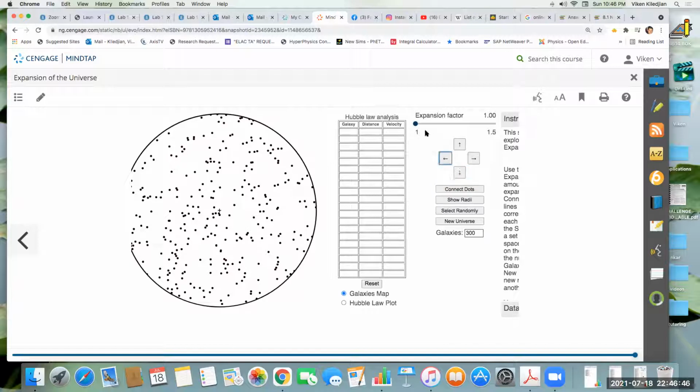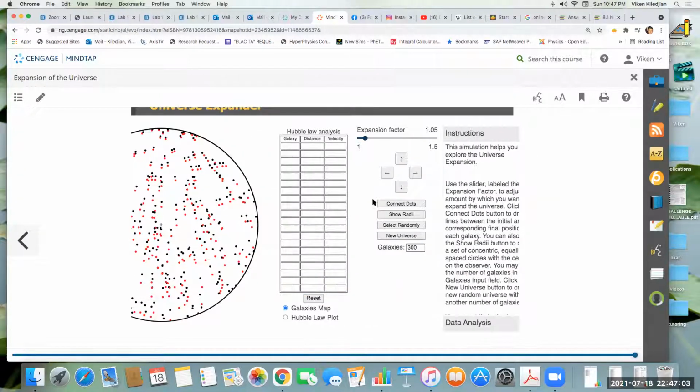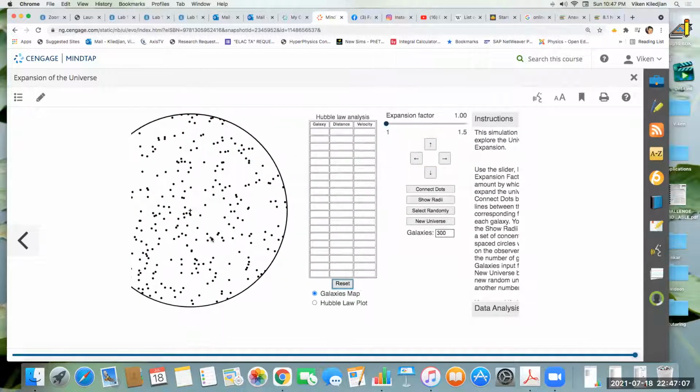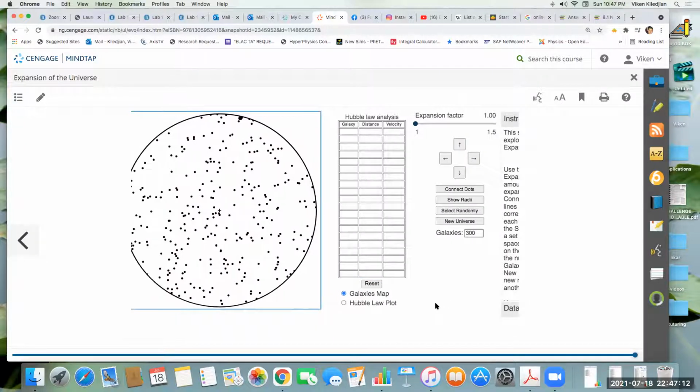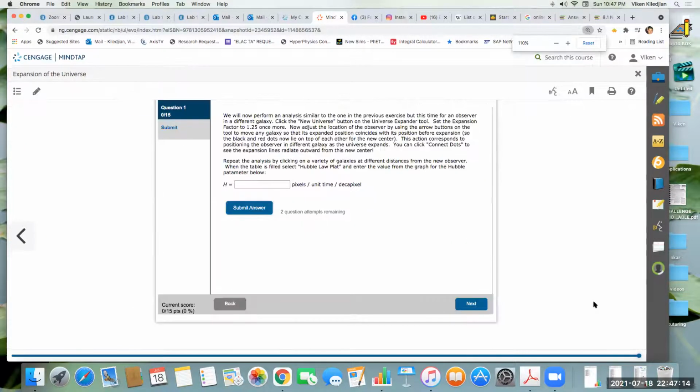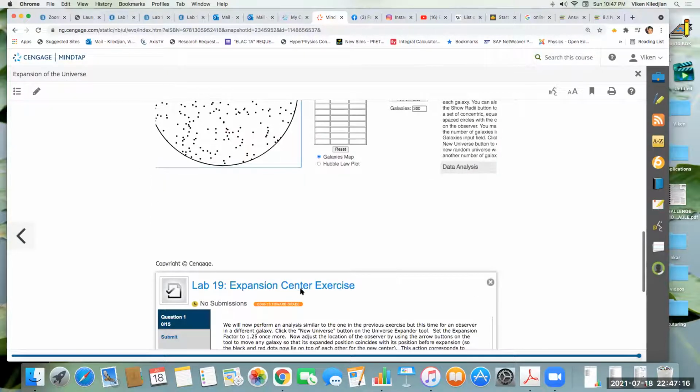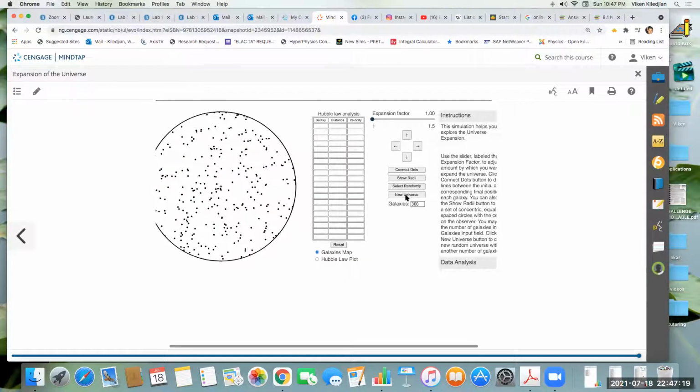Why isn't it moving? Oh, okay, maybe. Hold on. Reset. I did it a while ago. Hold on. Expansion factor 0, reset. This thing doesn't want to cooperate. Hold on. Let's minimize it a bit. New universe.